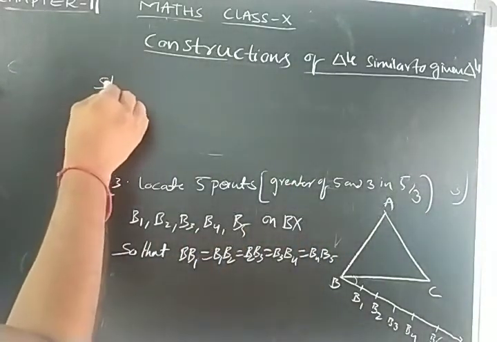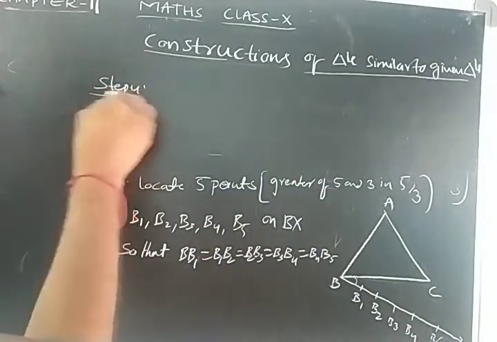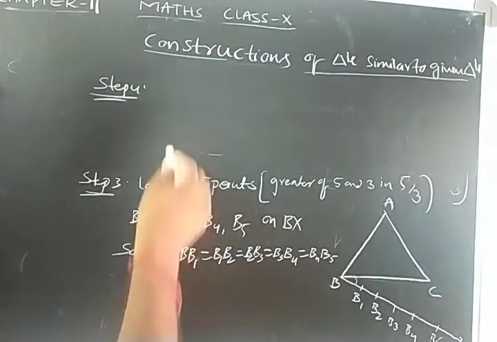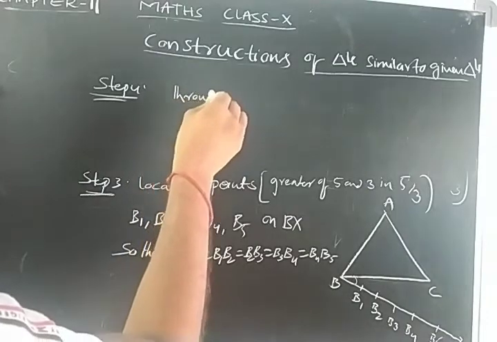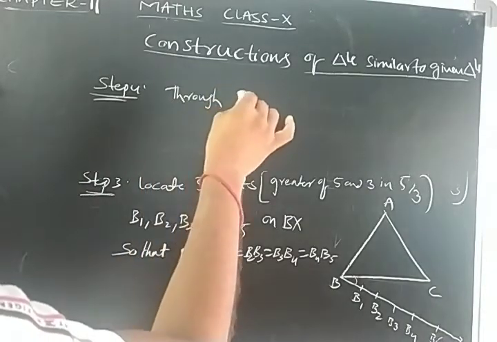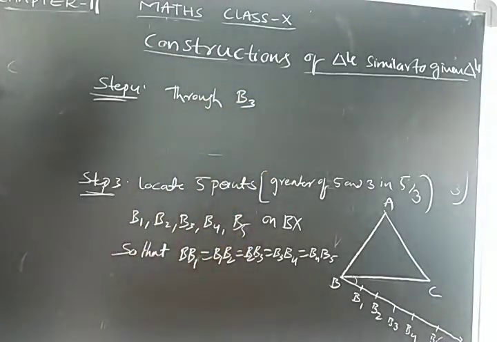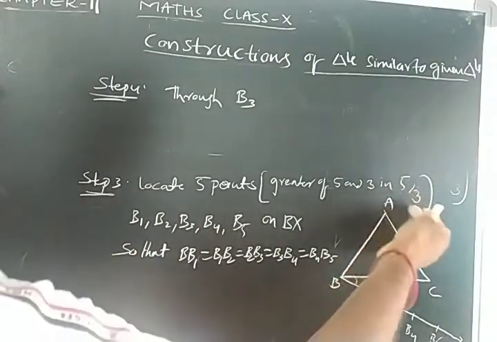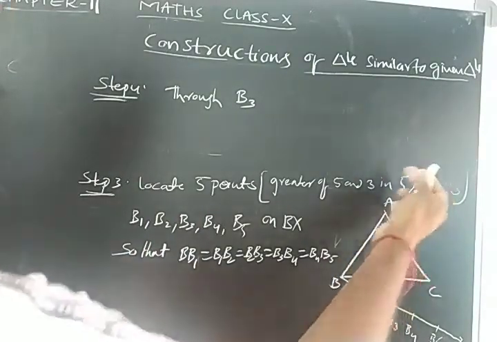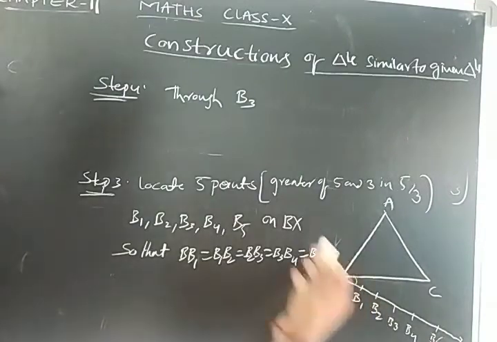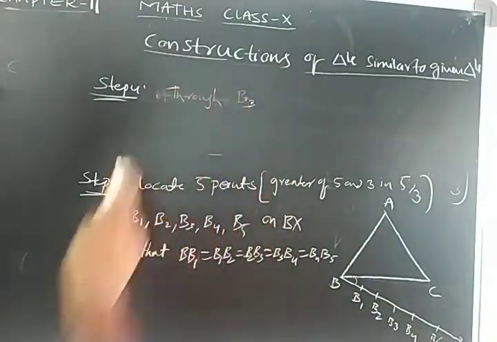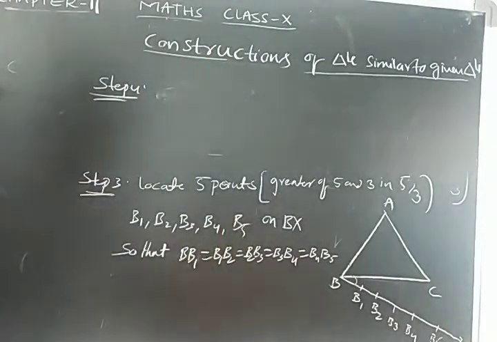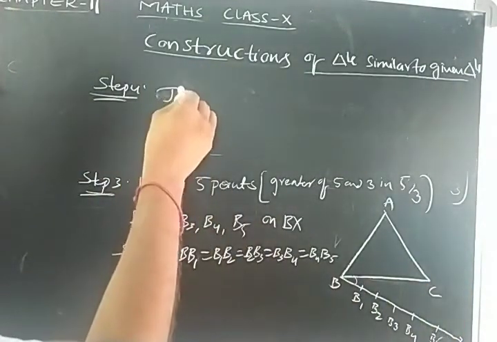Now step 4: join C with B3. Why B3? Because 3 is the least number in the scalar factor 5 by 3. So we have to join C with B3.